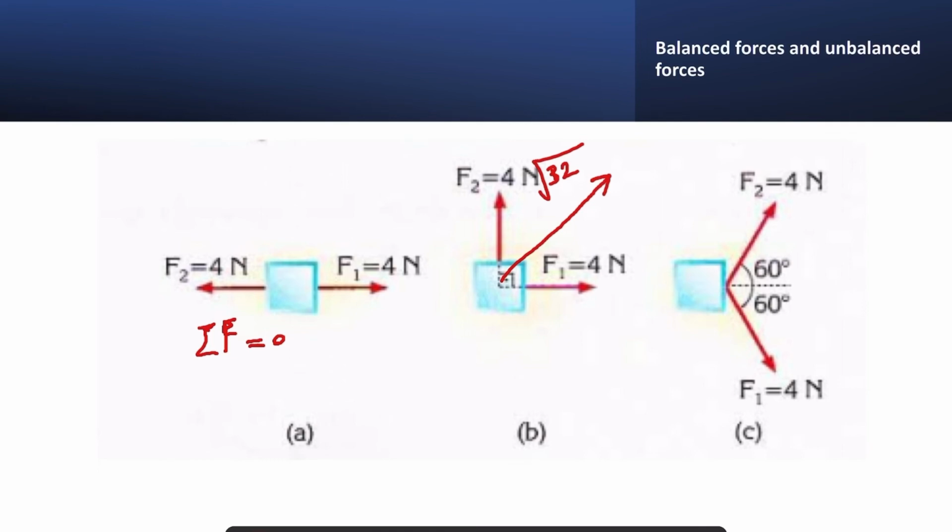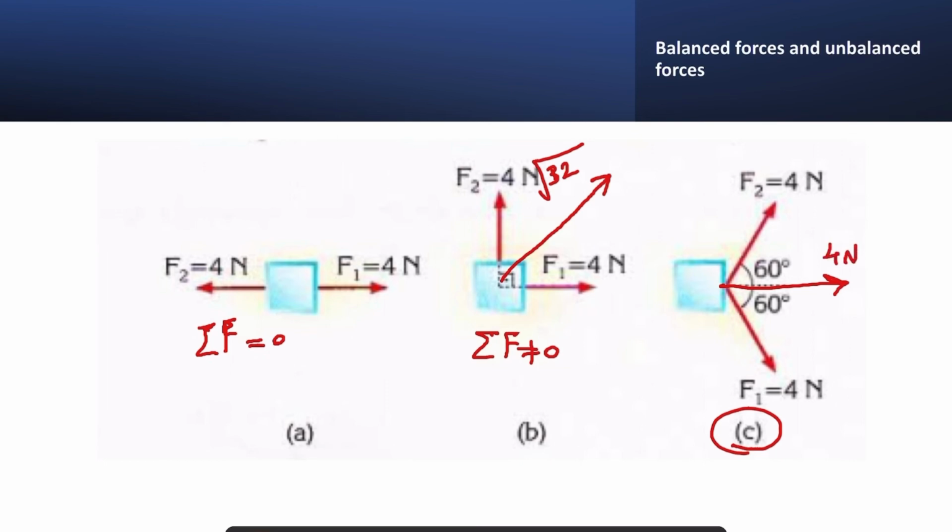And another object, case C, for example. Sigma F in case B is not equal to 0, and in case C we will get this force as our sigma F, which is 4 newtons.